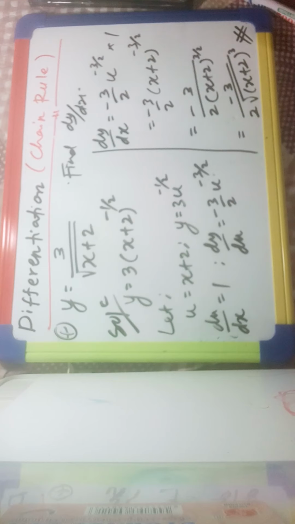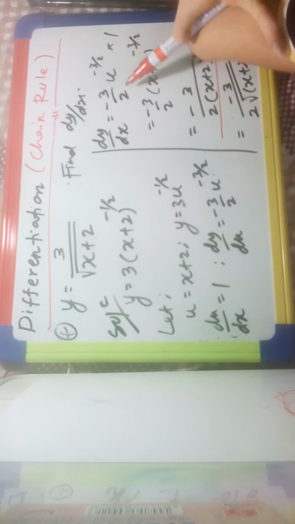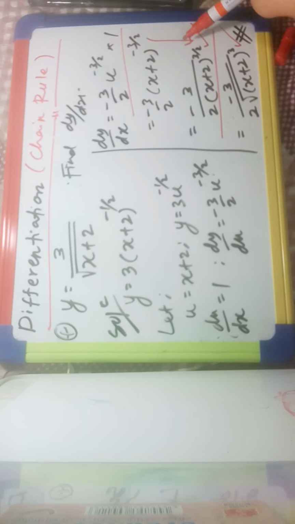Okay, some student in the exam, what did they do is they stop up until here. Here also correct. Okay, if you keep going, this one also correct, you still will get full mark. Okay, but if you stop up here, you will not get full mark. You must simplify, at least you make the power negative become positive, then you stop the working. Okay.